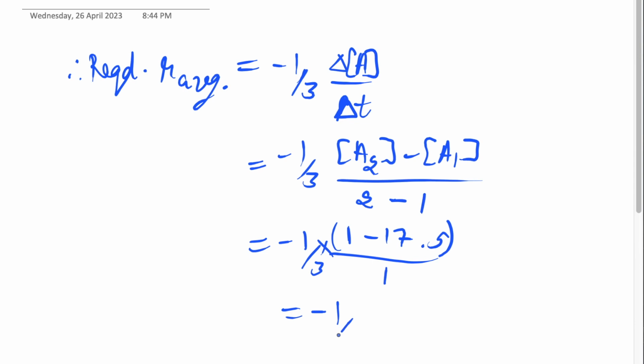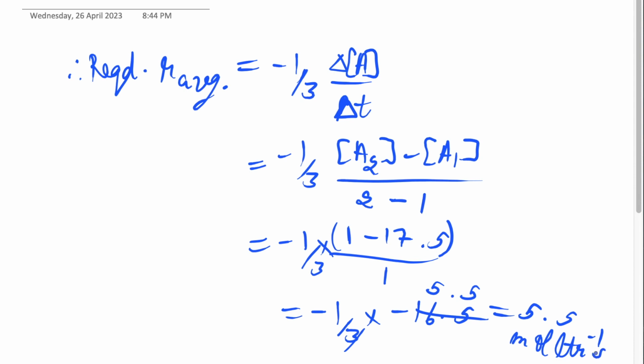So this is minus 1 by 3 into minus 16.5. 3 5s are 15. Minus minus is plus, so 5.5, and its unit is mole per liter per second.